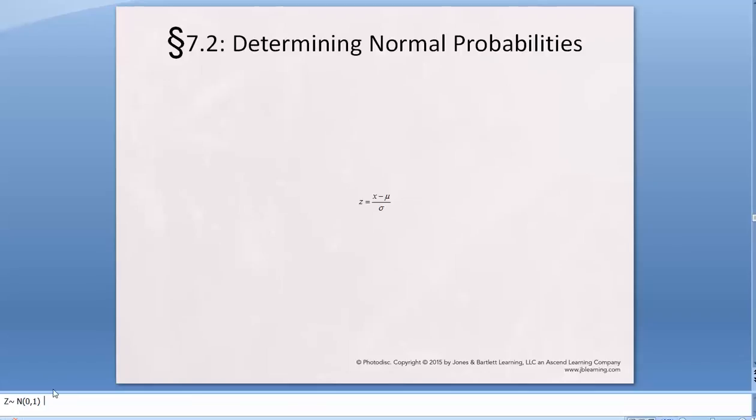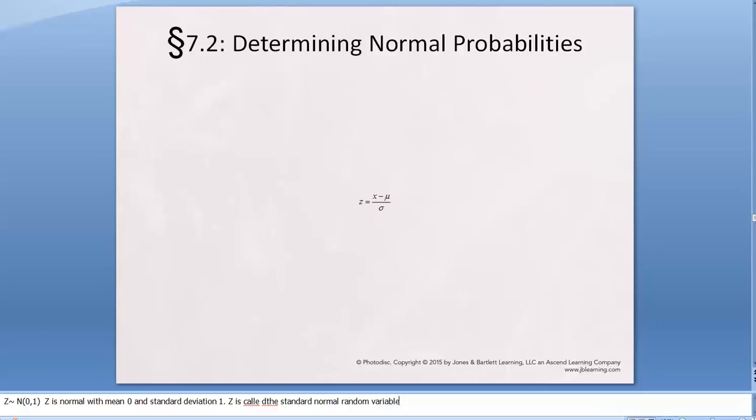So Z is normal with mean 0 and standard deviation 1, and Z is called, in fact, a standard normal random variable.